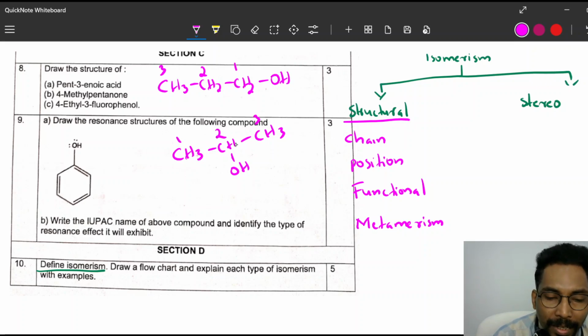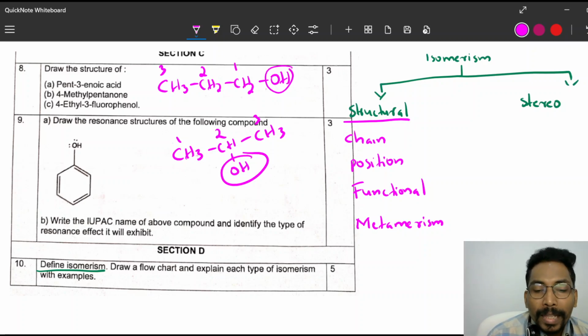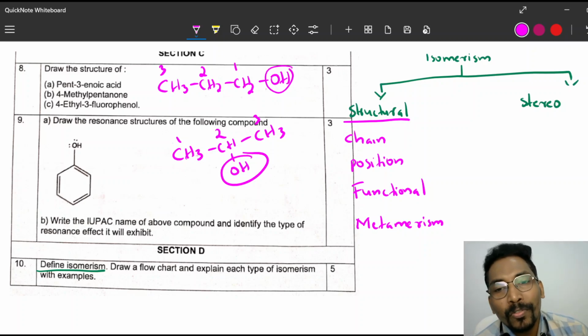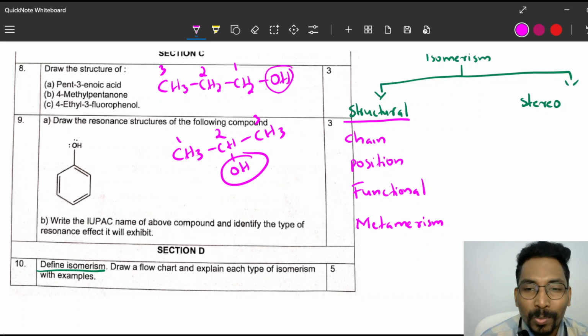Here you can see the OH group is on second carbon, but here on first carbon. So this is propan-2-ol. They have same molecular formula, but different positions of functional group. So they are position isomers.